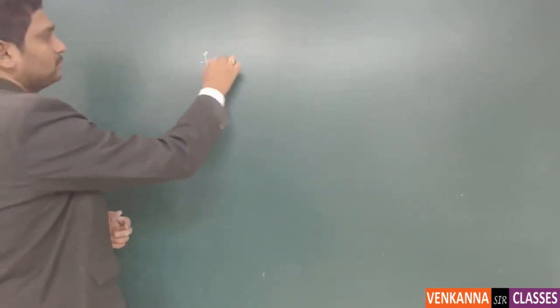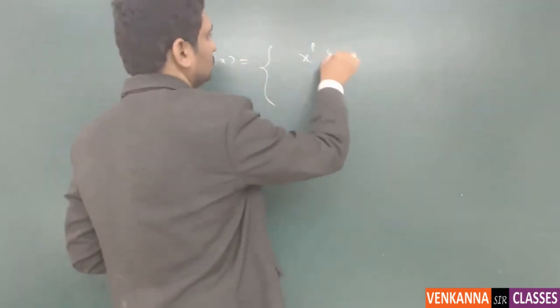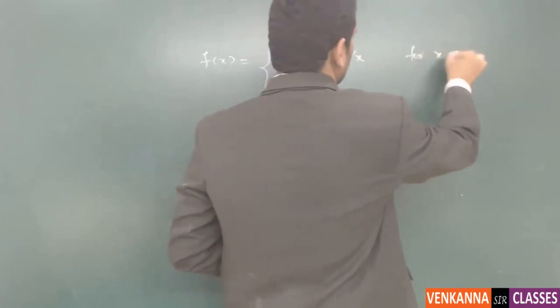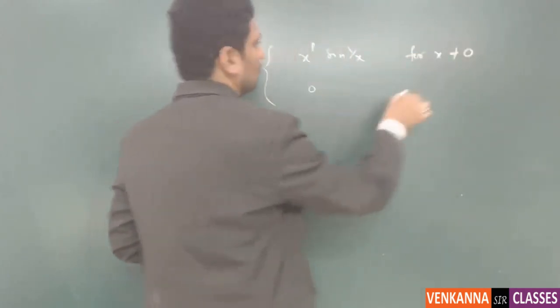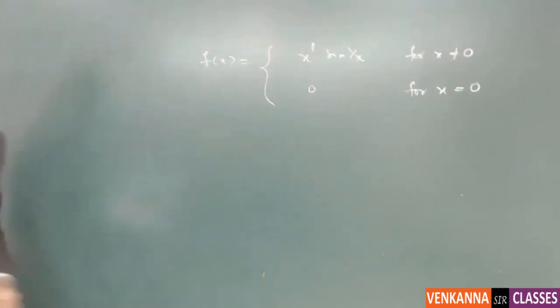So you define the function that f of x is equal to x power p into sine 1 by x for x not equal to 0 and 0 for x equal to 0.